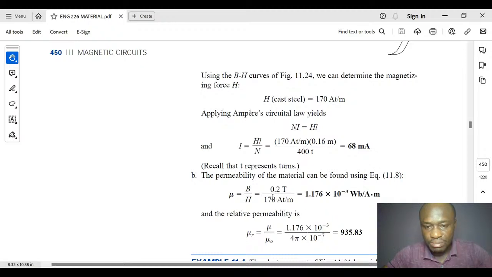So when you calculate them, you have 1.76 times 10 raised to power minus 3 Weber over the permeability of free space, which is 4 pi times 10 raised to power minus 7. And when you do that, we have 935.8. And this material should be a ferromagnetic material, because for ferromagnetic material, the relative permeability is above 100.